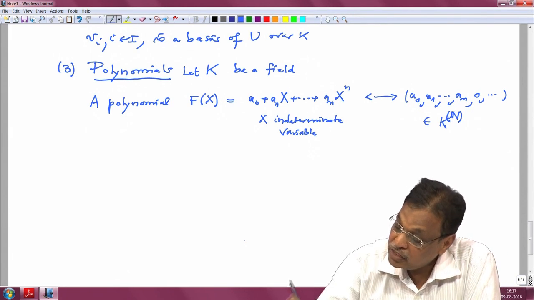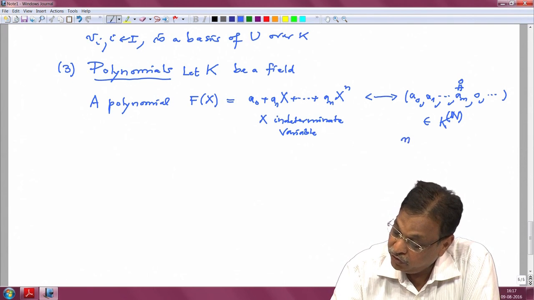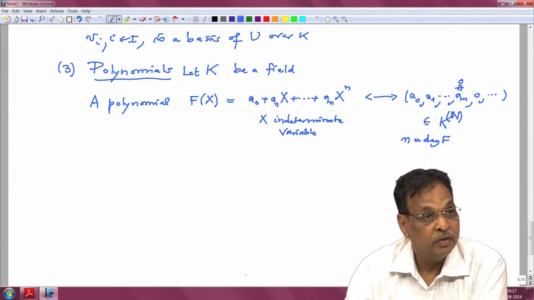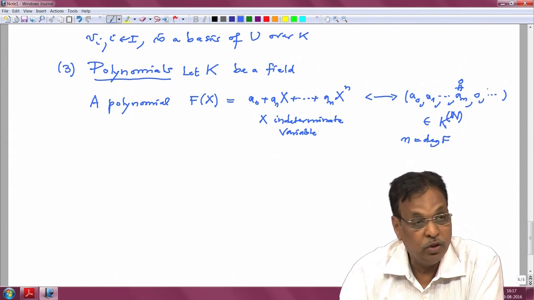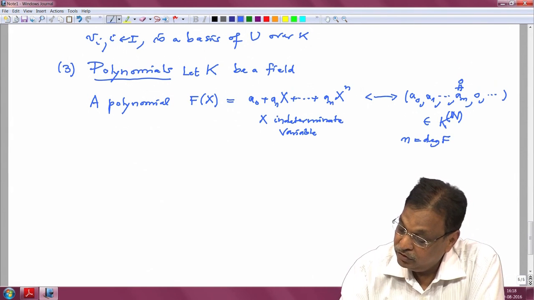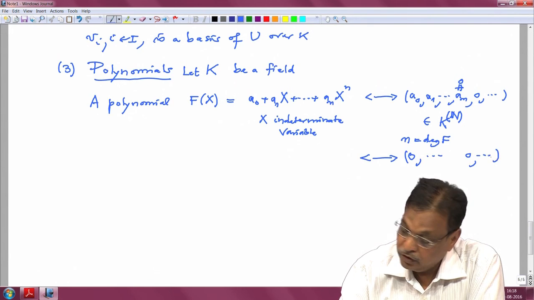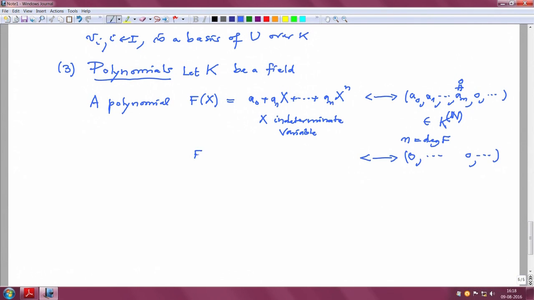And the last one where it is non-zero, if an is non-zero, then one calls that n the degree of f. If everything is 0, then the degree is not defined. So that is the 0 polynomial. So the 0 tuple corresponds to the 0 polynomial, f equal to 0.